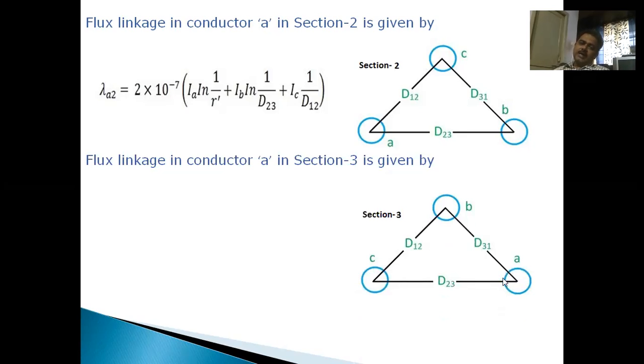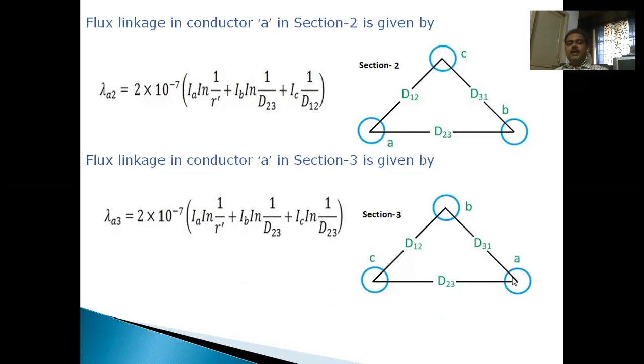Now conductor A is in third position. Again, if we observe, the distances are not changed. D12, the distance between these first two conductors, and D23, the distance between these two, are the same. The distance between these two conductors is also the same.